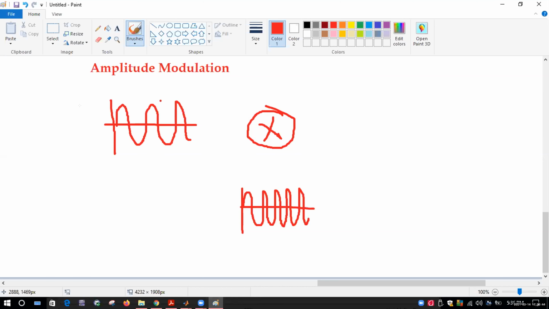This information signal and this carrier signal, when they are mixed in the modulator. So what do we use for mixing? We use a modulator for mixing.